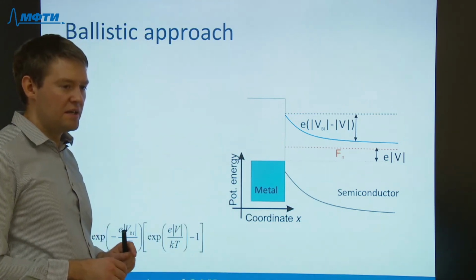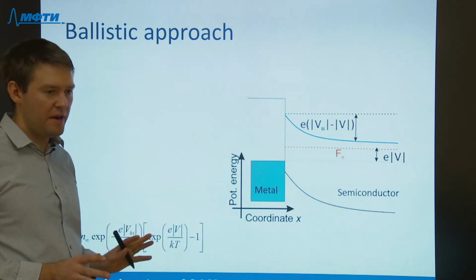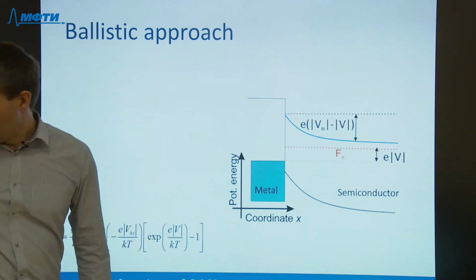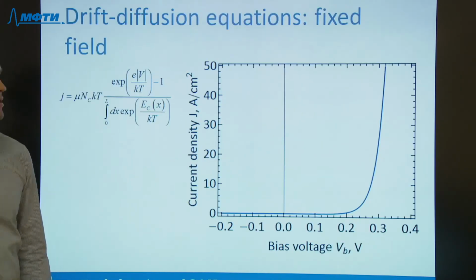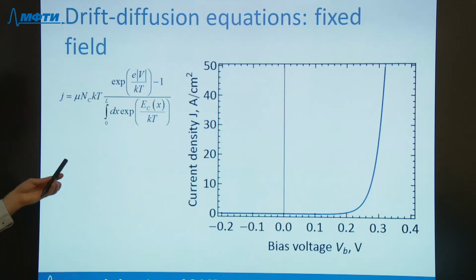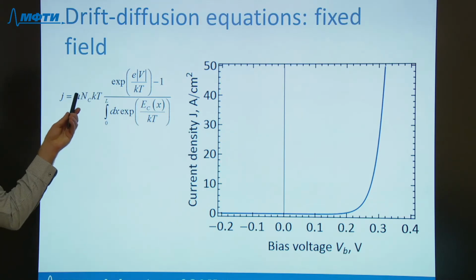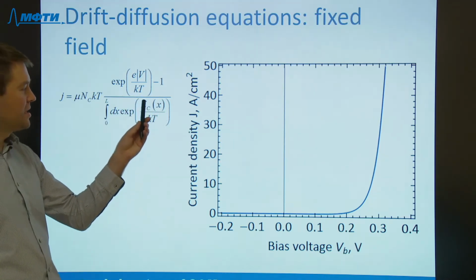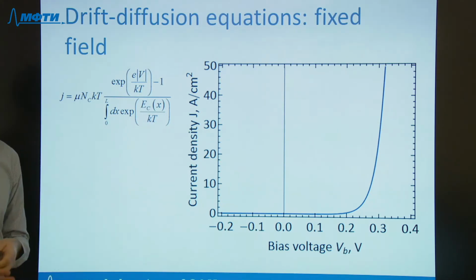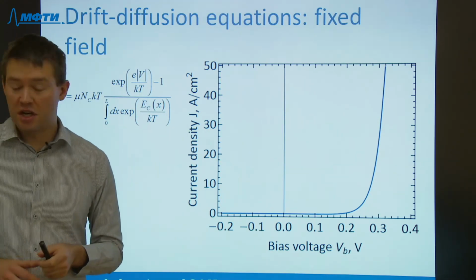This approach doesn't know anything about scattering. And there is another approach: when we look at the drift diffusion approach, you will see that the current is proportional to the mobility and knows about the particular distribution of potential landscape over the semiconductor junction.